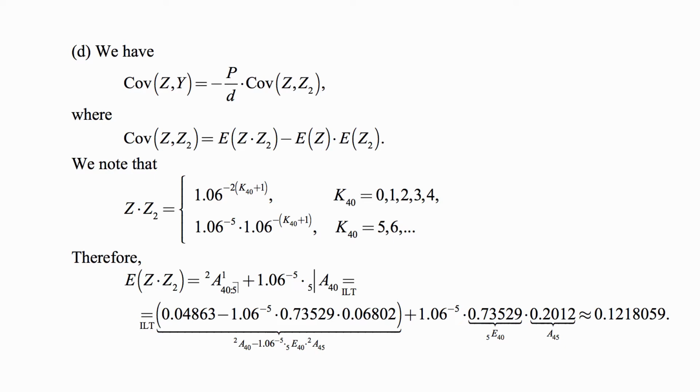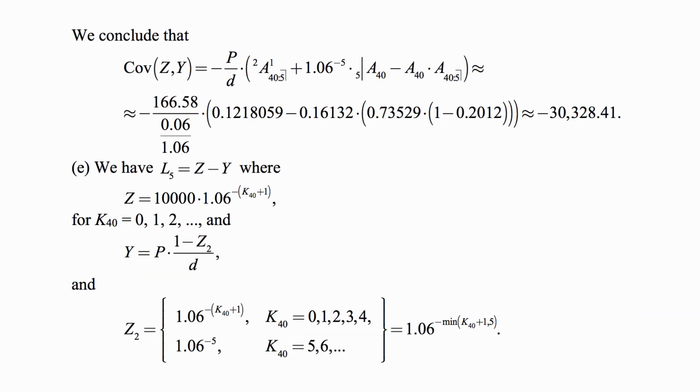And then we can write 2A40 colon angle 5 1 as 2A40 minus 1.06 to the negative 5 times 5E40 times 2A45, and all of these are in the illustrative life table. We'll plug them in, plus that 1.06 to the negative 5 from the front times 5E40 times A45, and both of these are in the table. We plug it all in, we get approximately 0.1218059.